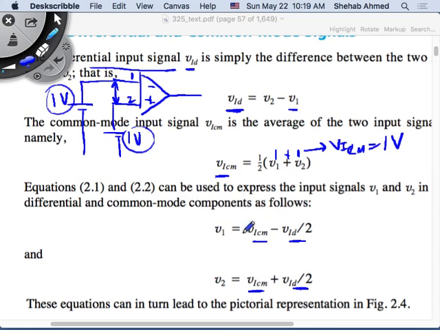Basically what I did was solve for V1 and substitute here, or solve for V2 and substitute here. If I solve for V1 and substitute here, then I have a relationship between V common mode, V2 and VID. If I solve for V2 and substitute here, then I have a relationship between V common mode, VID, and V1. That's what I have here.